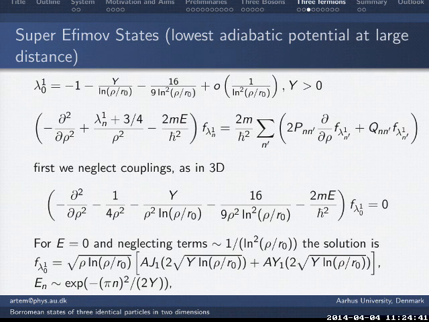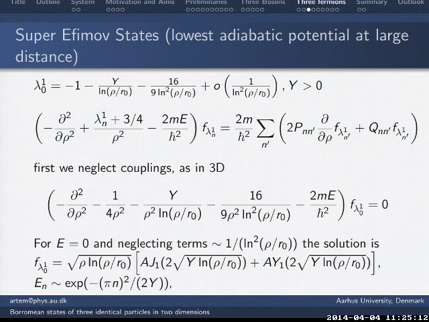Okay, thanks. And then you solve it for zero energy, and you see an infinite amount of oscillations, which means that this piece provides you an infinite amount of bound states. And then you can estimate the energy of the bound states using either WKB or directly this equation. And you get that the scaling of these bound states looks like this. But it's not the same as in the super Efimov scenario.